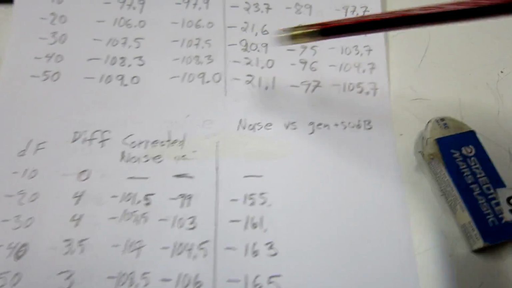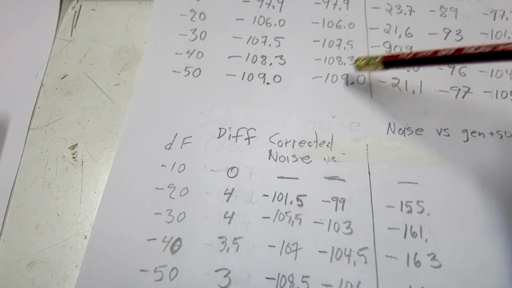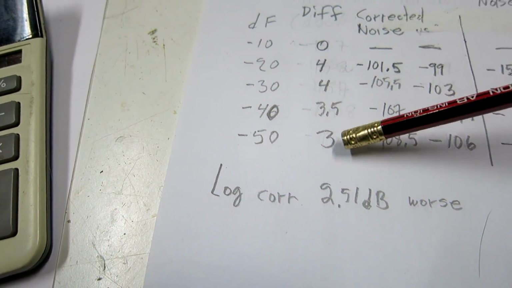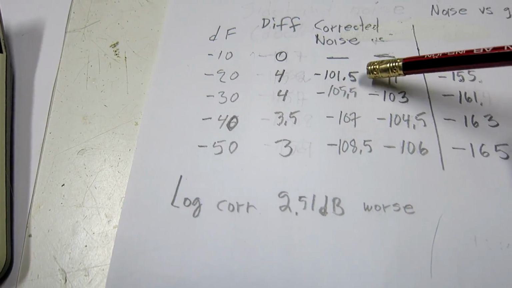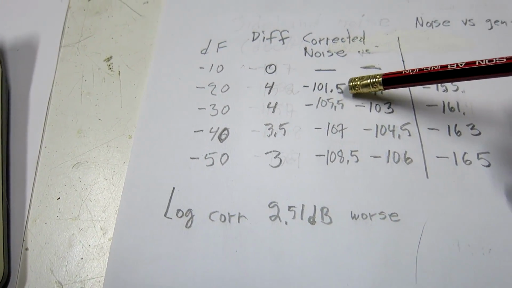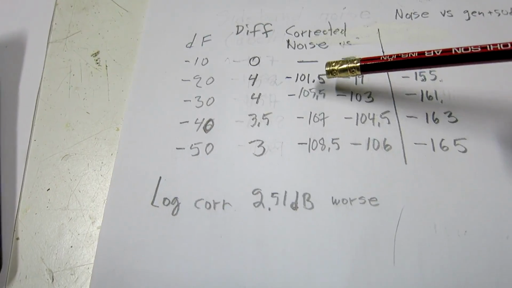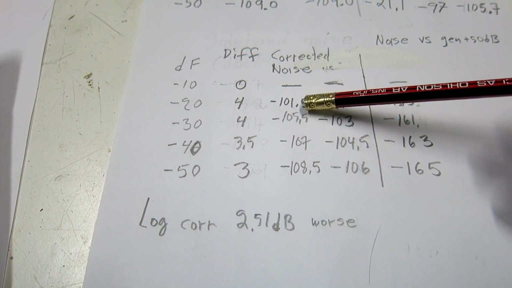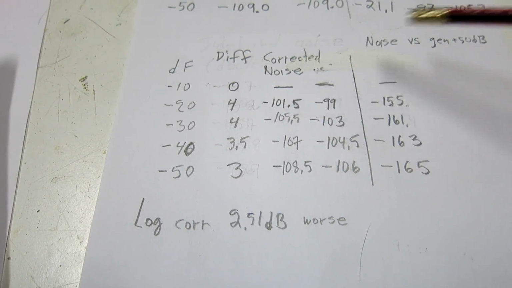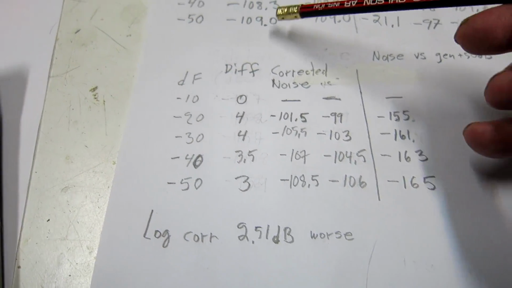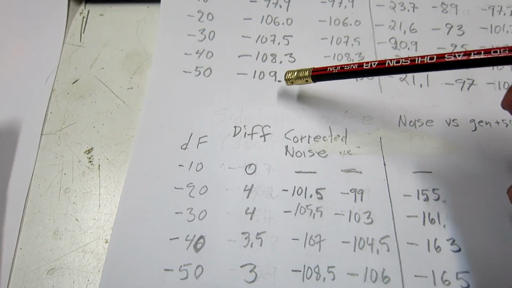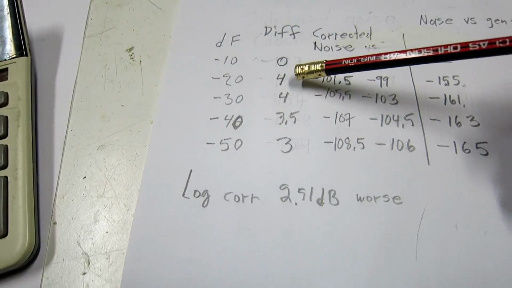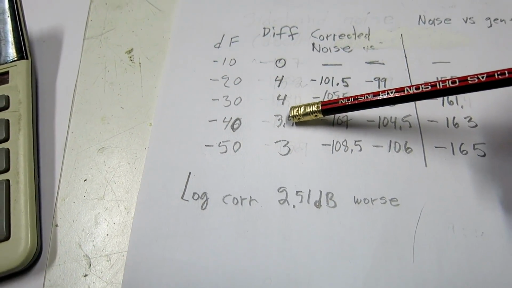These values compared to these values give a difference like here. It means that the contribution from the sideband noise that I'm interested in has to be not quite 3 decibels below this value, meaning equal to the values observed here. So a little bit higher, because this is a little bit more than 3 dB.